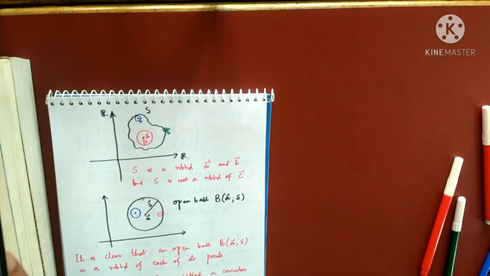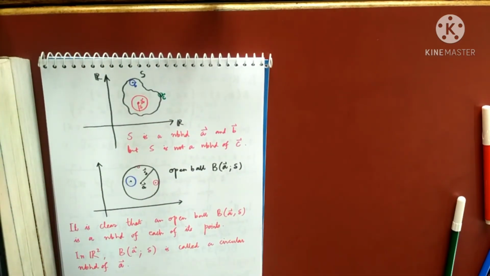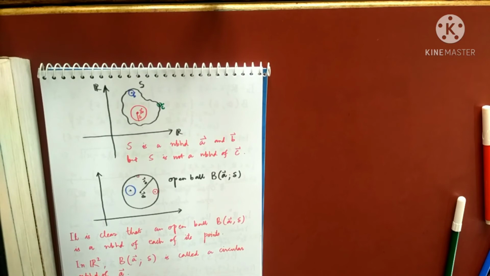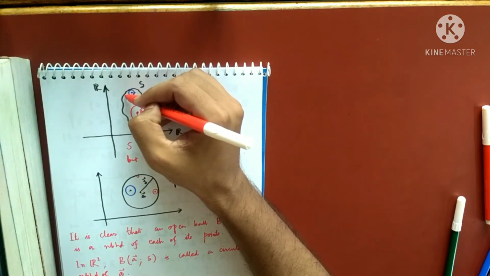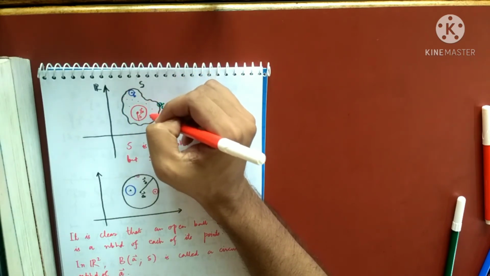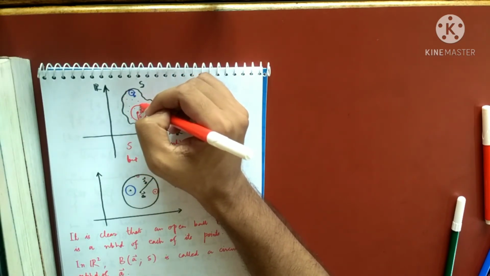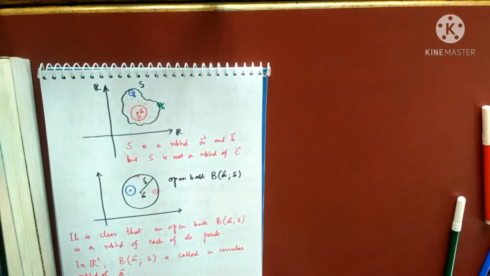Look at this S. So just look at the name, interior points. Those points which are inside S but not on the boundary, those are interior points. You see, these all are interior points which do not lie on the boundary. But the points which are on the boundary will not be called an interior point.